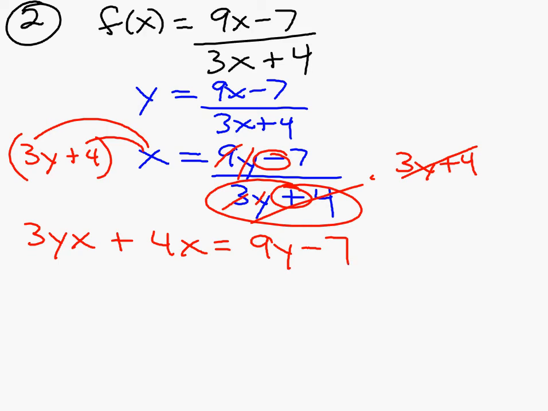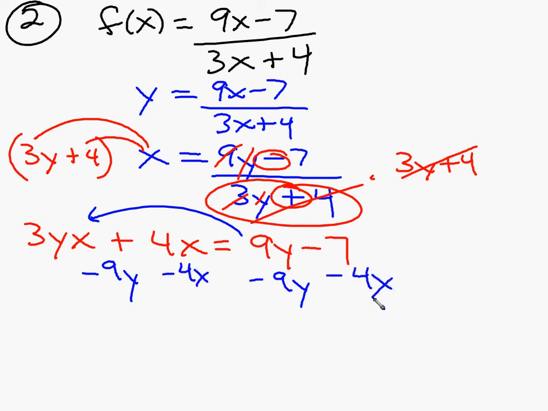So next I would subtract 9y from both sides, so I can bring that term over here. And let's just do this in one step, I would also subtract 4x from both sides. That way I can take the 4x over here. Trying to get the y terms together.